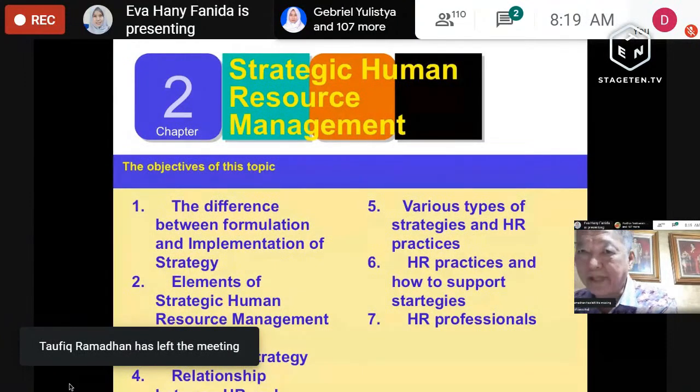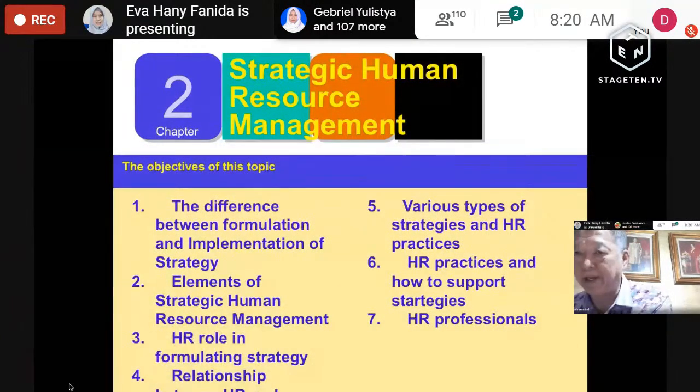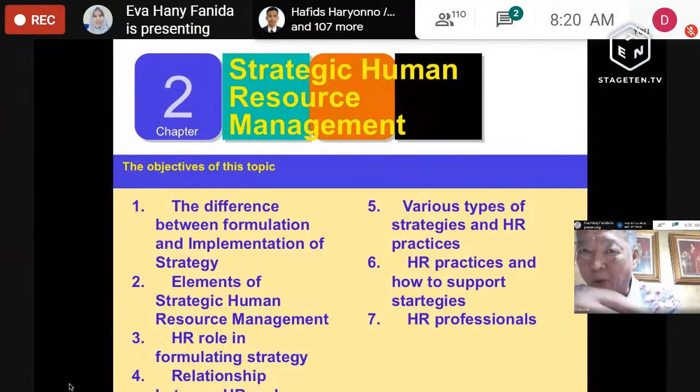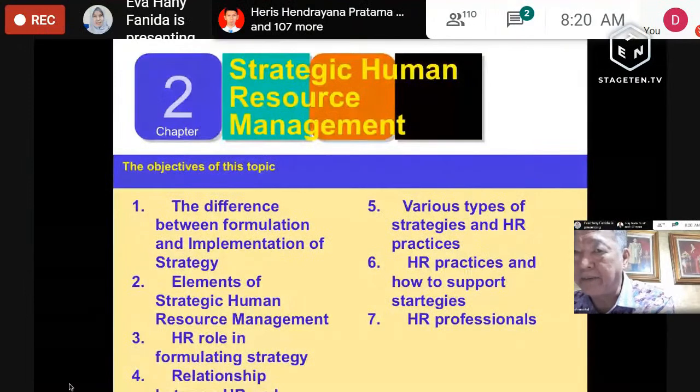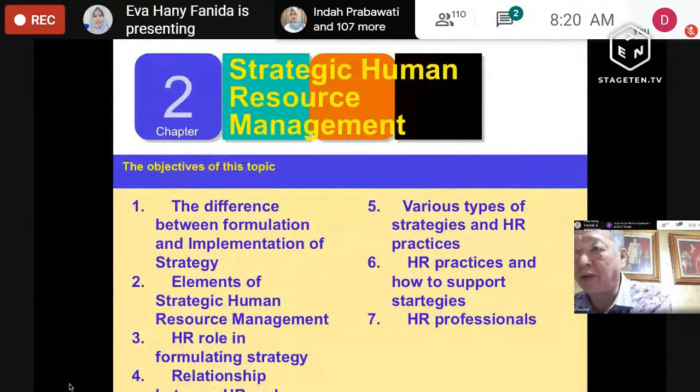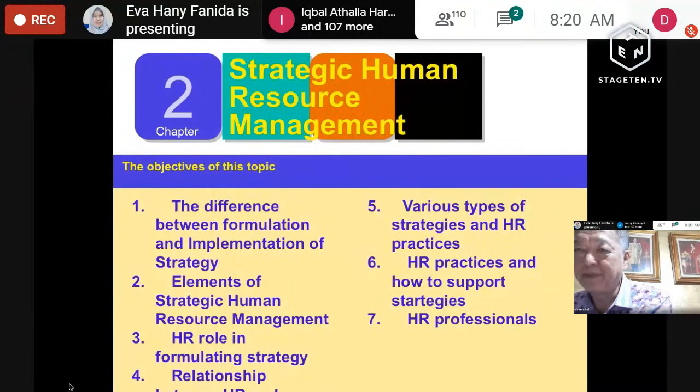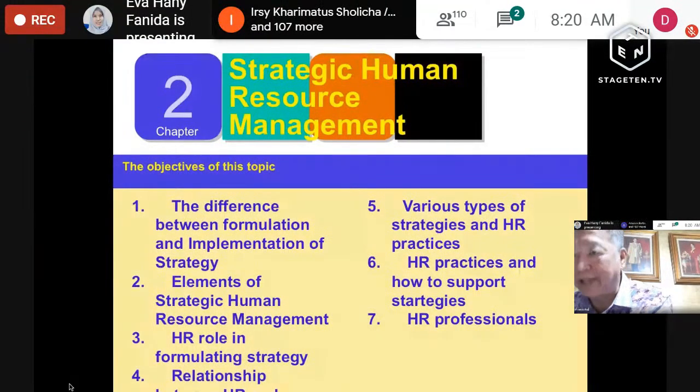The first objective of this topic is to understand strategic formulation and strategic implementation. Usually when we talk about management, we talk about three steps: planning, implementing, and evaluating.